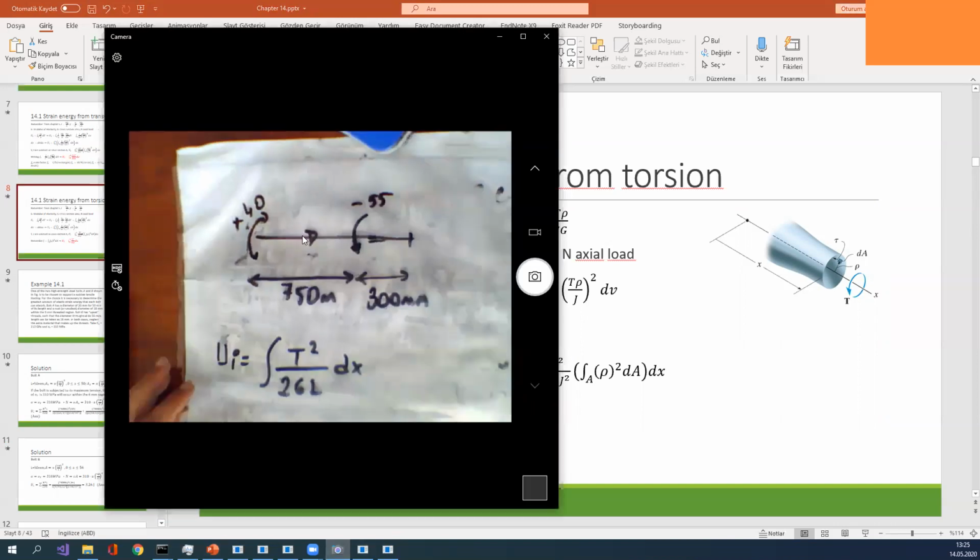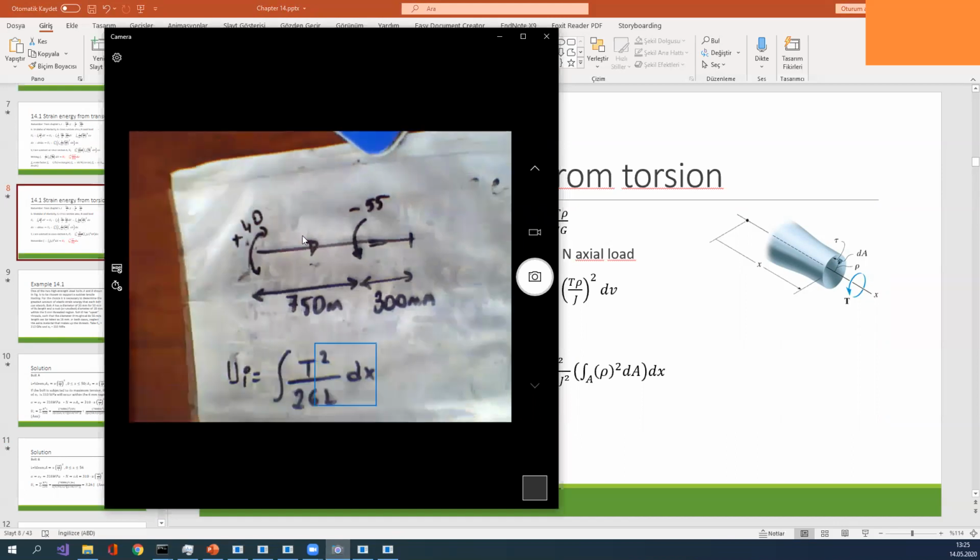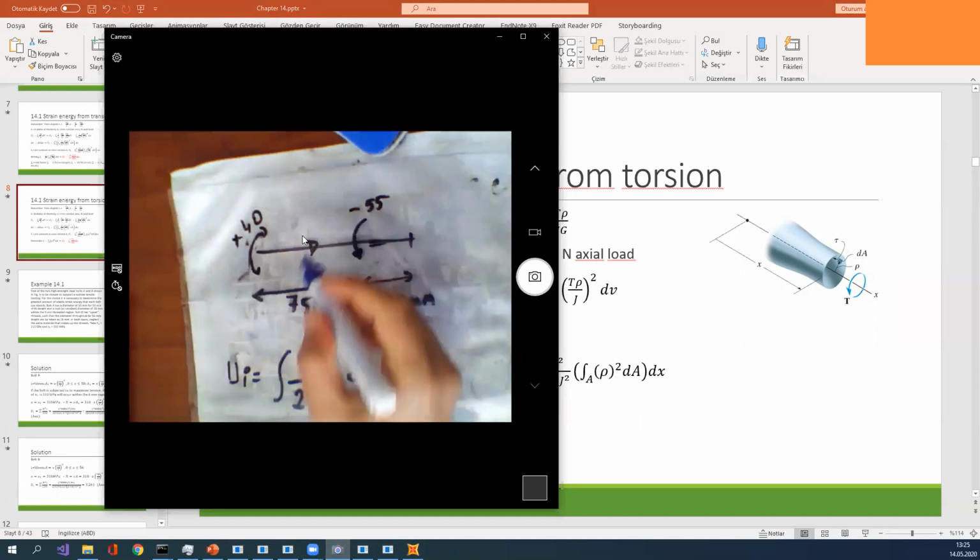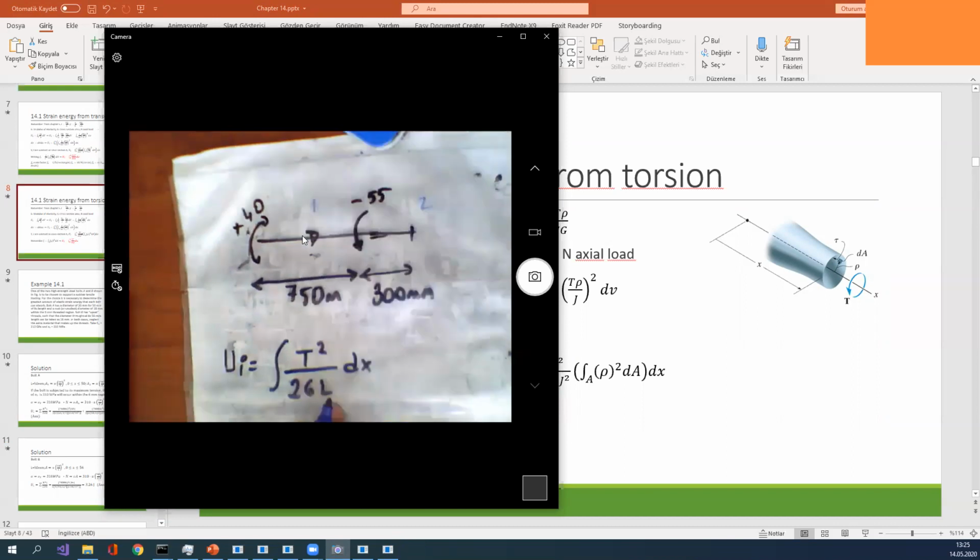T is different in two areas, the first area and the second area. Therefore, I have to divide the integral.